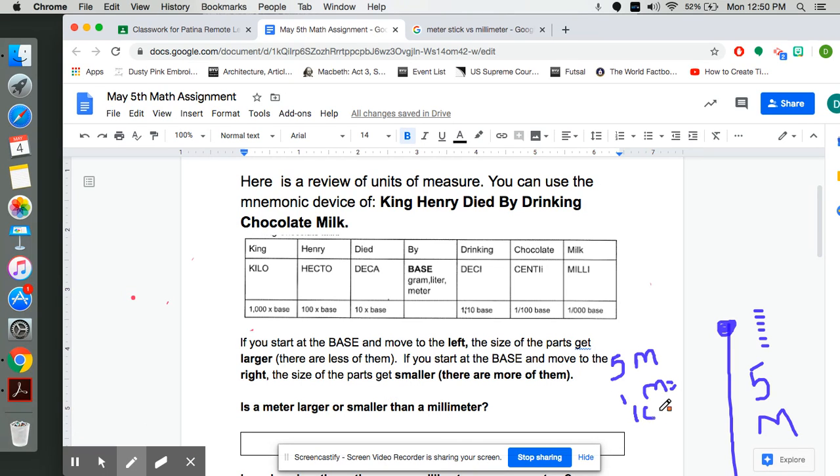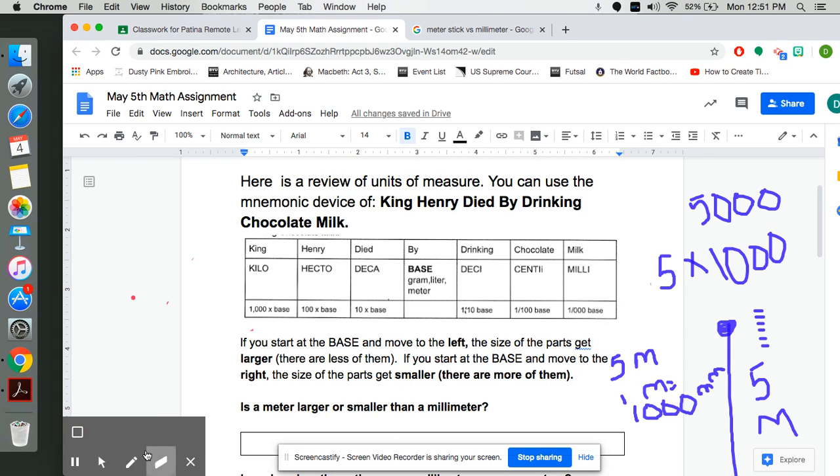So to figure out how many millimeters there are in these 5 meters, I'm going to have to multiply to get a bigger number. So it's going to do 5 times 1,000, which would be 5,000. And that's a lot of millimeters. There's going to be more of them.